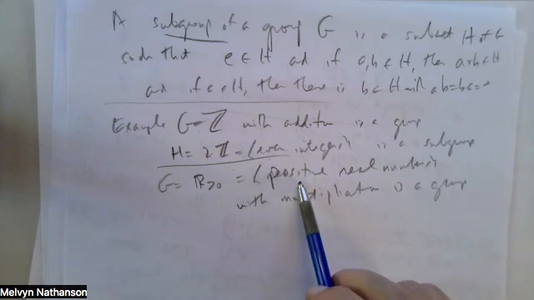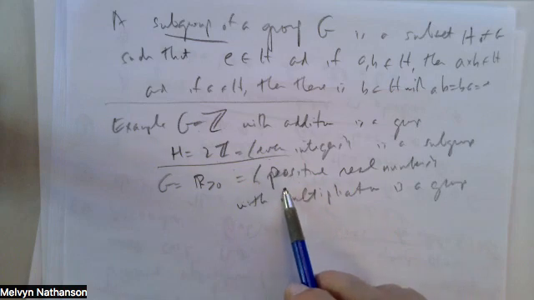The product of two positive numbers is positive. And if A is positive, 1 over A is positive, and that's the multiplicative inverse.